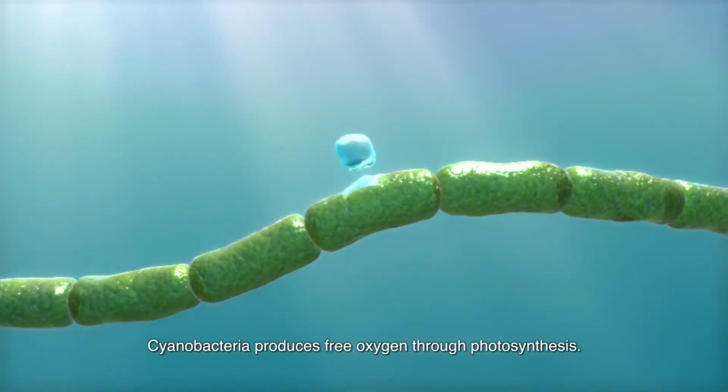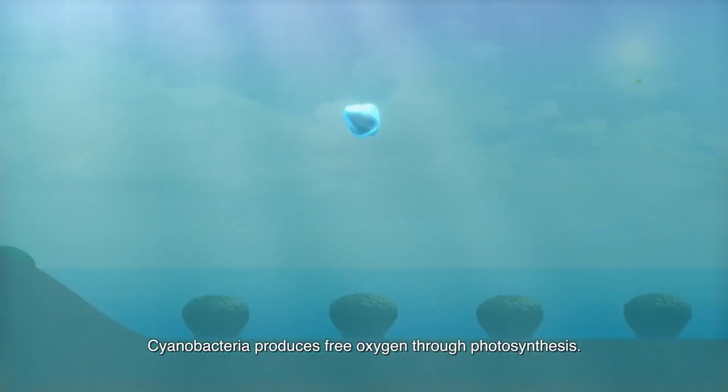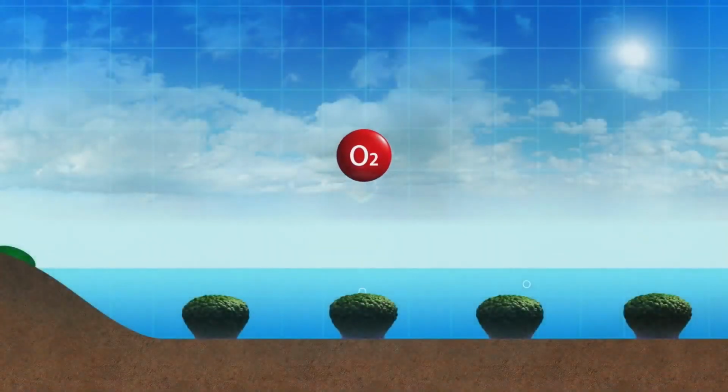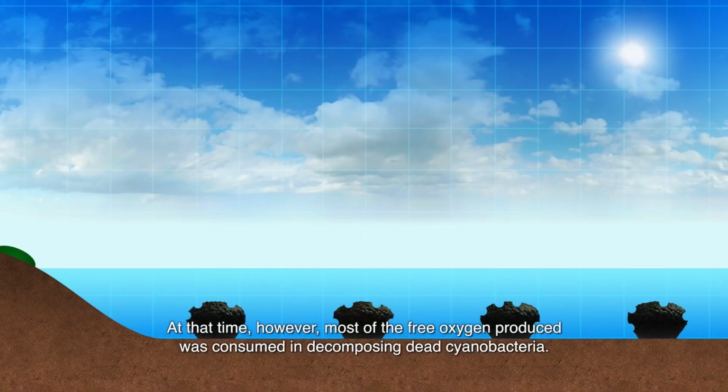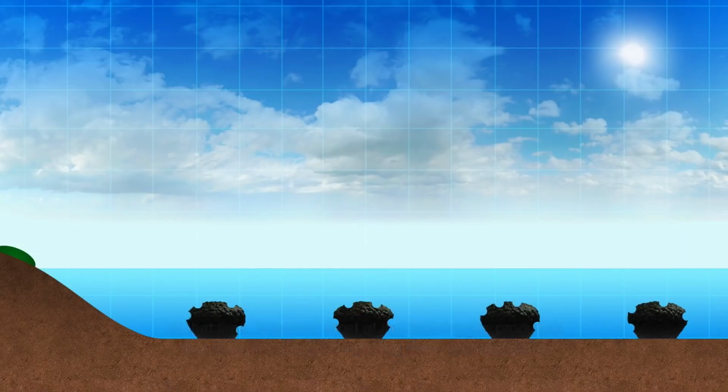Cyanobacteria produce free oxygen through photosynthesis. At that time, however, most of the free oxygen produced was consumed in decomposing dead cyanobacteria, so very little free oxygen accumulated in the atmosphere.